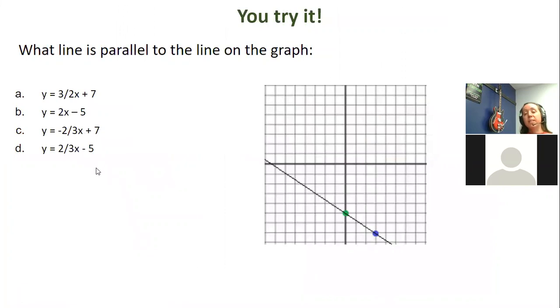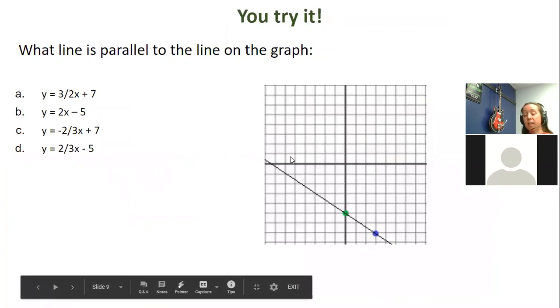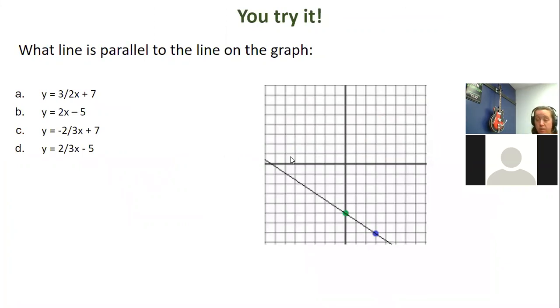Okay, which of these lines is parallel to the line on the graph? You guys take a second and see what you can come up with. Which one of those lines is parallel to that graph? D? Piper says D. You guys agree with that?